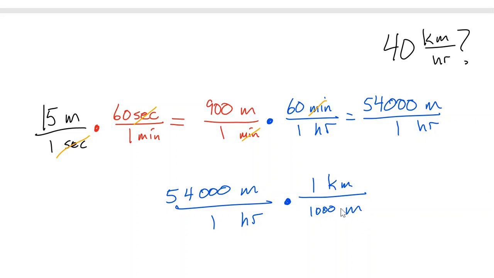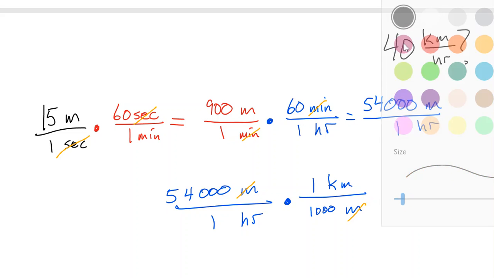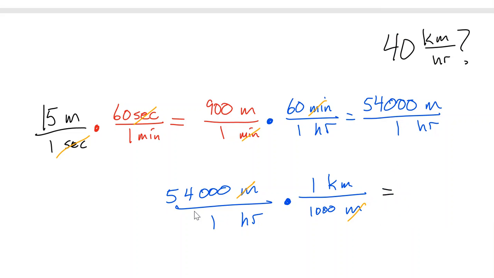And this is going to cause the meters to cancel out. What I am left over with is 54,000 divided by 1,000, which is 54 kilometers per hour. So going 15 meters a second would be a little faster than going 40 kilometers per hour. That's how you do that.